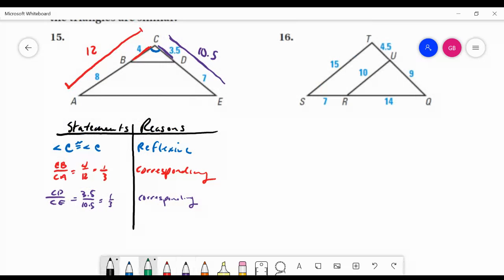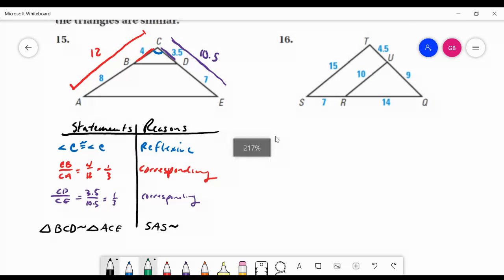So that means that triangle BCD is similar to triangle ACE because of the side-angle-side similarity theorem.